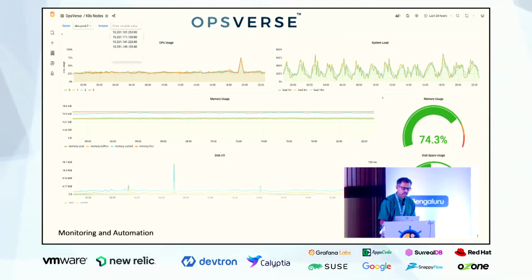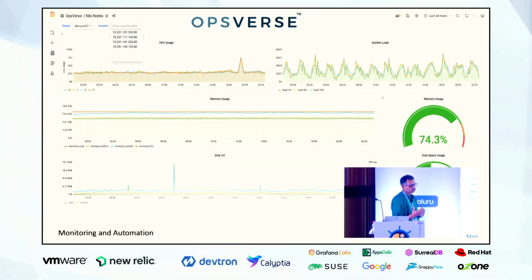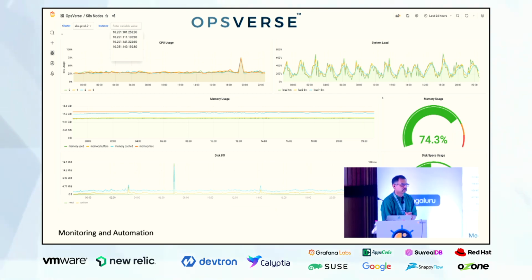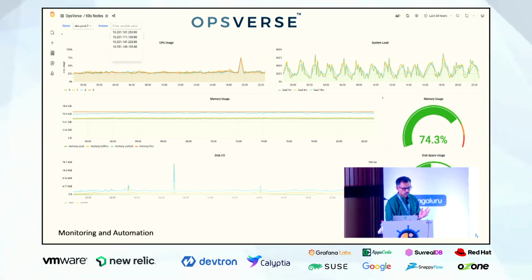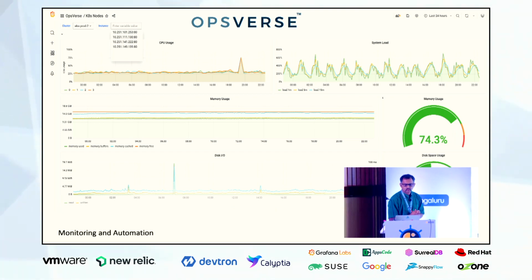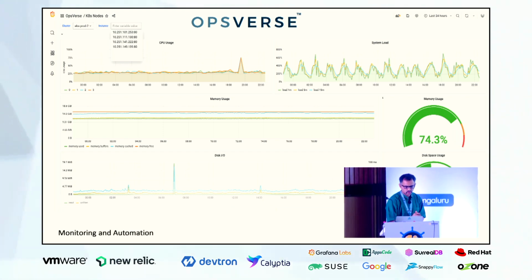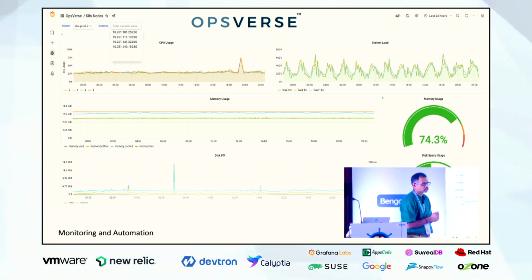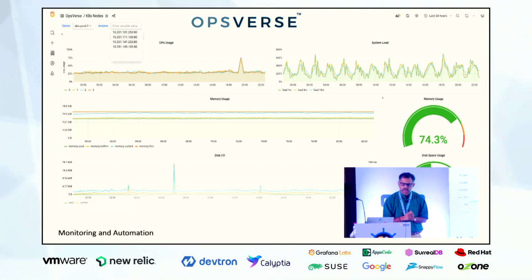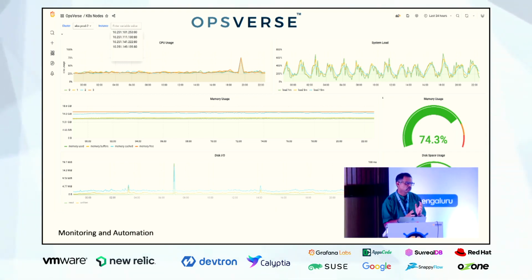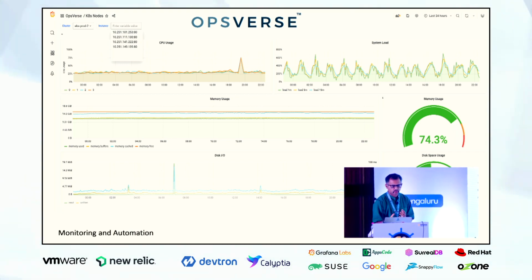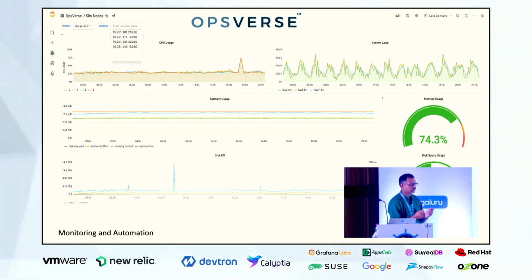How do you declutter it? Here is one more place where you can see how your entire cluster is working. This is the tool that we actually use. I think everybody knows what tool this is, but we used it at Opsverse to look at our pods and see the efficiency of the entire cluster itself. This also helps us in multiple ways, by looking at it day in, day out to see the efficiency.